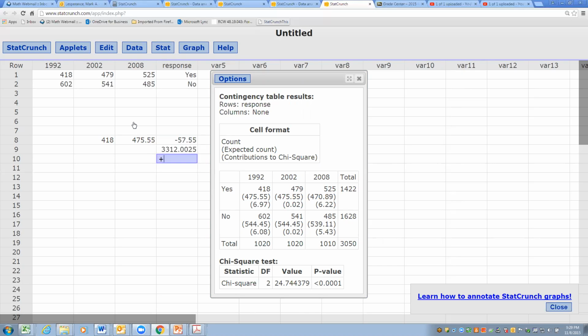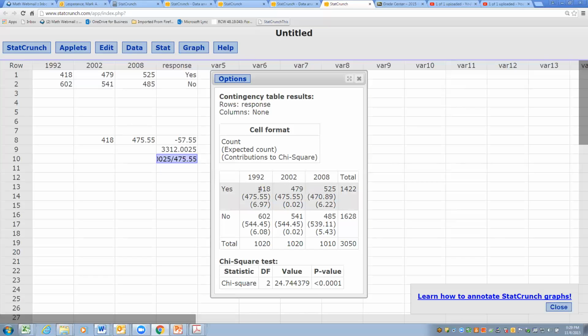If I take that value, 3312.0025, and I divide by the expected count of 475.55, that gives me the 6.97.